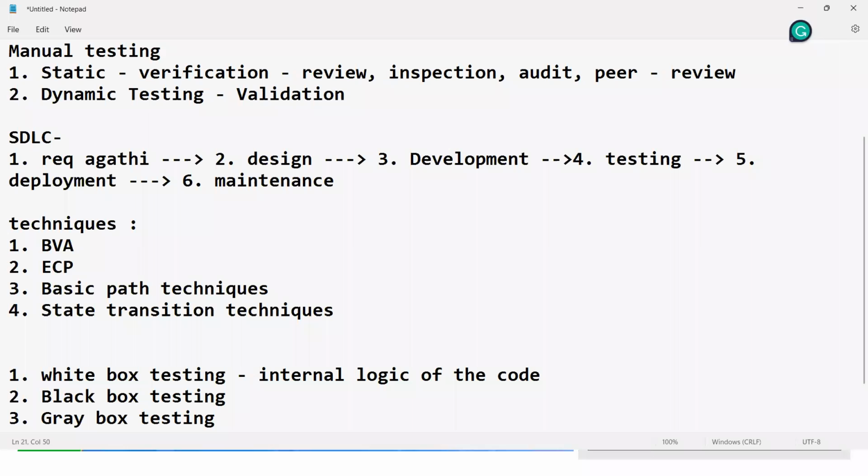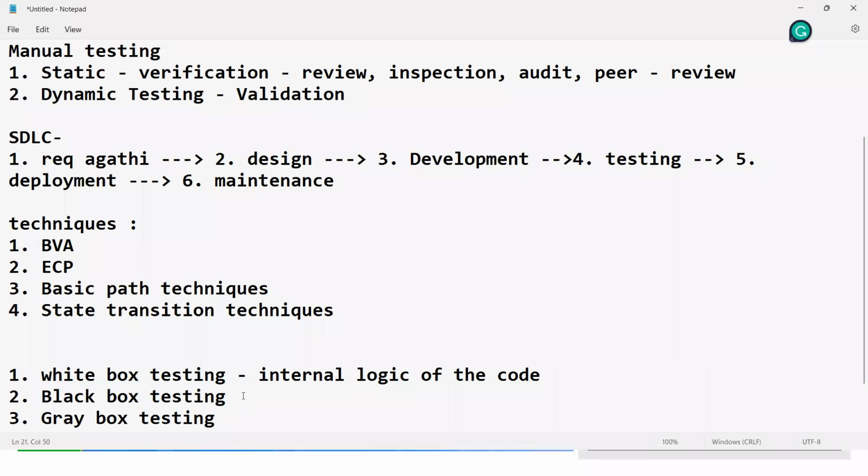Even in a very small project with 2 developers, we have 1 tester. Yes, we should maintain 1 tester, because developers cannot find faults. That is why we should always have an independent testing team.